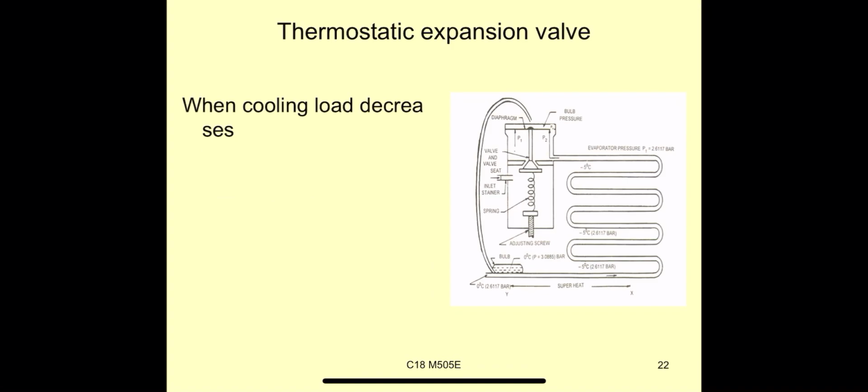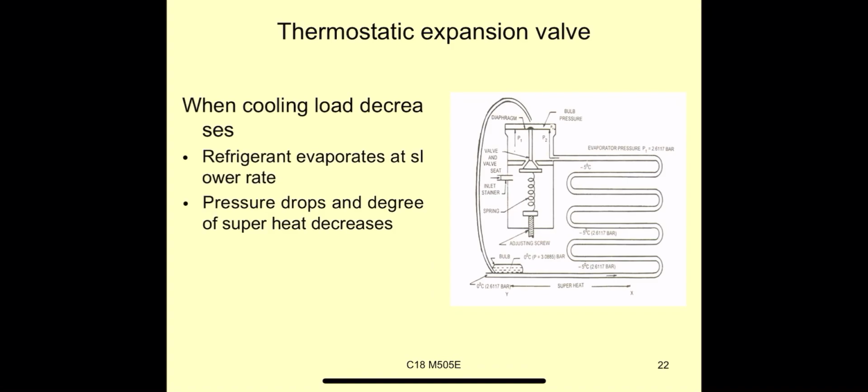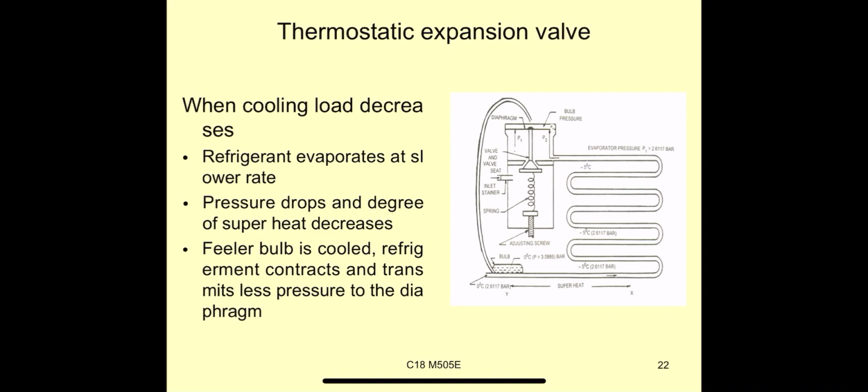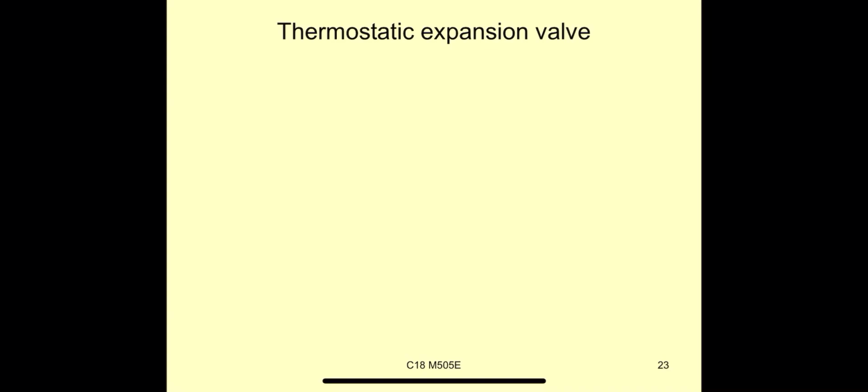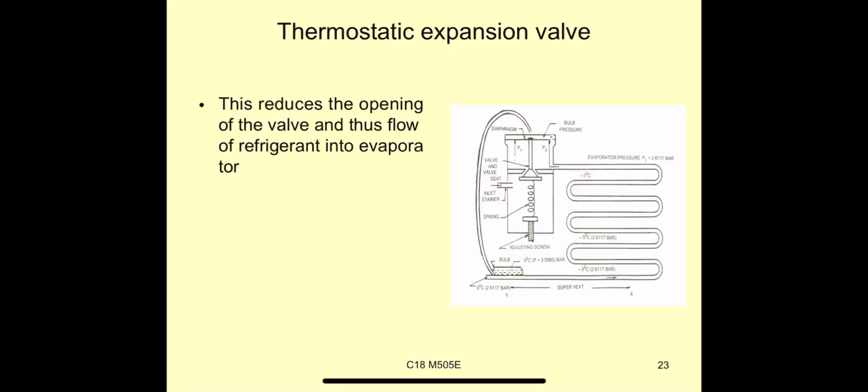When the cooling load decreases, the refrigerant evaporates at a slower rate. The pressure drops and the degree of superheat decreases. The feeler bulb is cooled, the refrigerant contracts and transmits less pressure to the diaphragm. This reduces the opening of the valve and thus the flow of refrigerant into the evaporator.